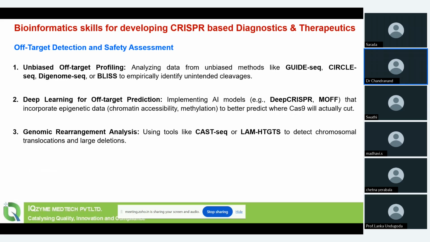Then there is how to handle off-target detection and safety assessment. For this also, you have to use a lot of bioinformatics tools. This requires a lot of repeated dry lab activities. You need to sit in front of your system and repeatedly use these sequences, and then you will come to know how it actually functions.